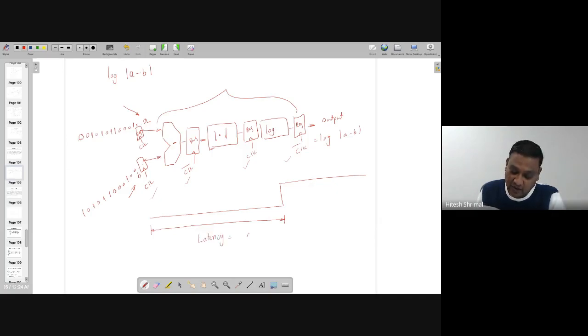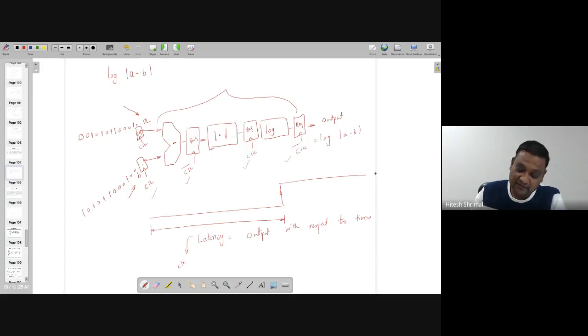Latency is output with respect to time, and latency is measured in terms of clocks. So the output is late by so many clocks, right? And once that clock is available, or all these things are done, at that time the output is available continuously.